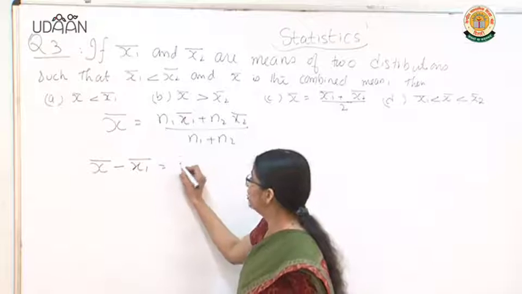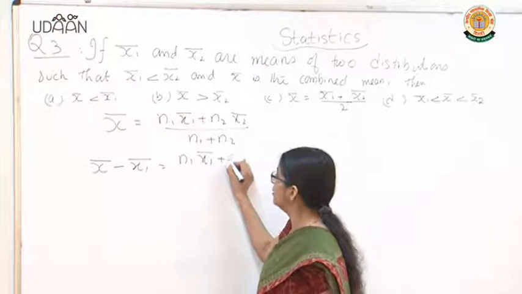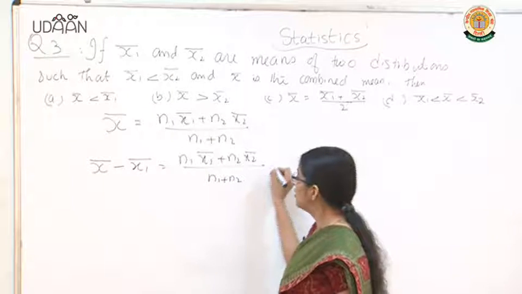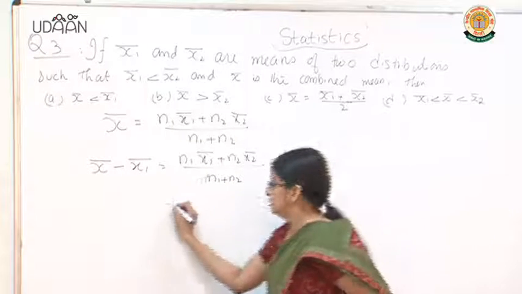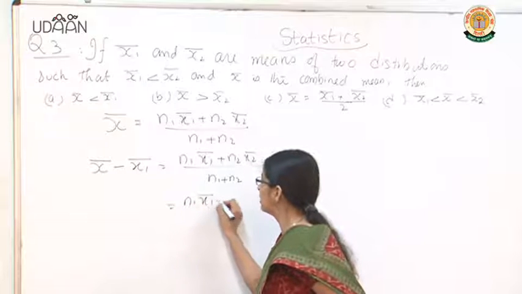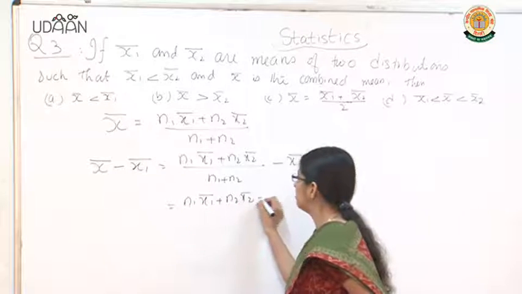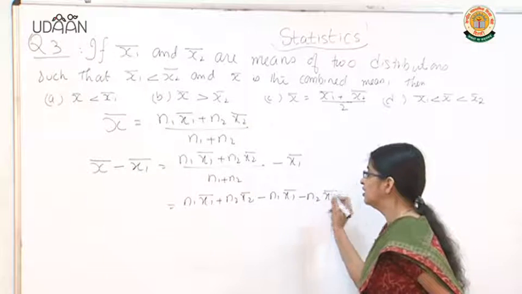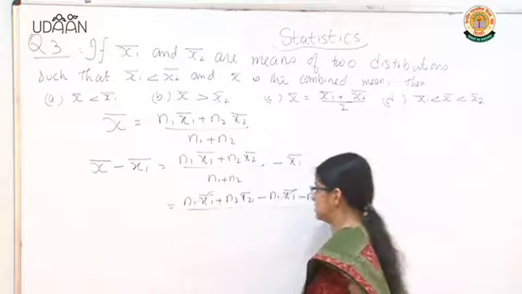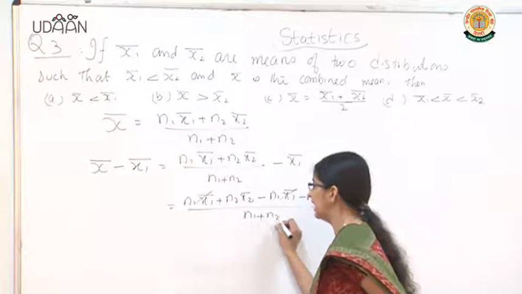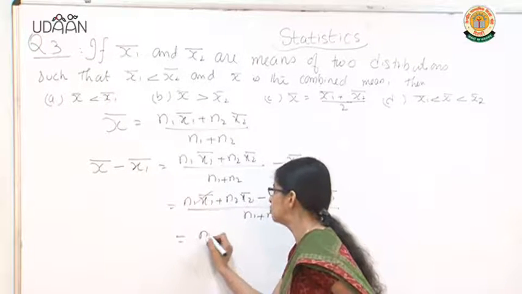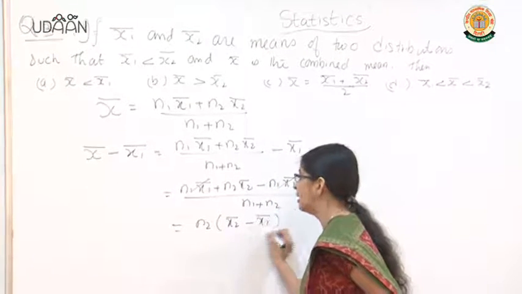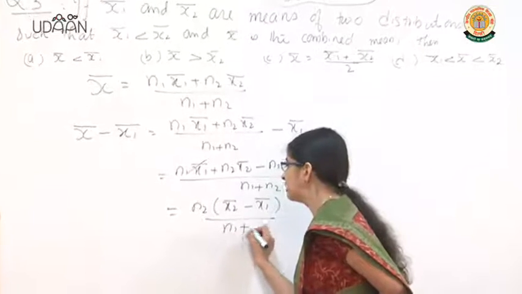We put the value of x bar, n1 x1 bar plus n2 x2 bar divided by n1 plus n2, minus x1 bar. Simplify: n1 x1 bar plus n2 x2 bar minus n1 x1 bar minus n2 x1 bar. Look, which term is getting cancelled? Divided by n1 plus n2, which simplifies to n2 into x2 bar minus x1 bar divided by n1 plus n2.